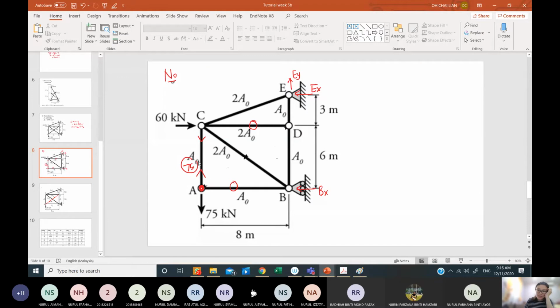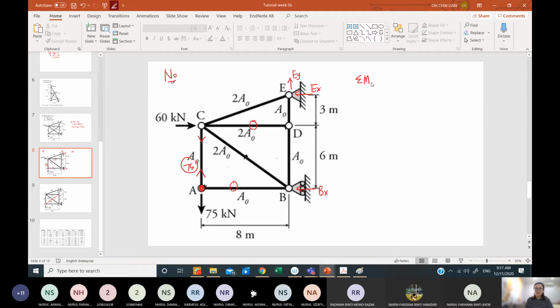I go to E, I go to C. There are just too many unknowns, I cannot solve. So I have to solve my support reactions first. Or you can use the method of joints at C, solving by simultaneous equations. But now I just want to find my support reactions. I take a summation.